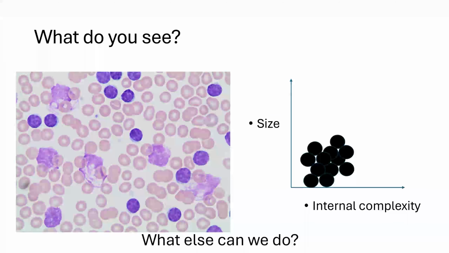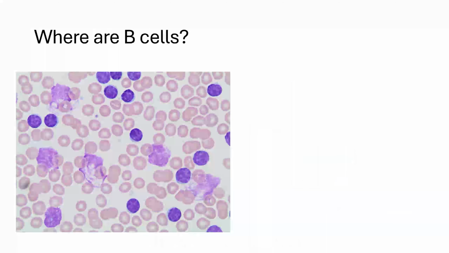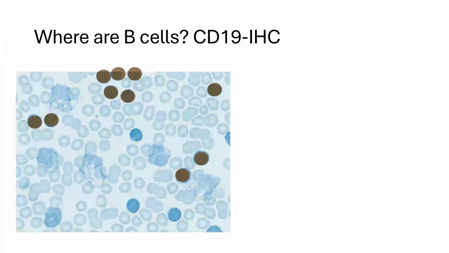But this begs the question, what else can we do? If we were looking at this within a surgical pathology world, we could raise the question of where are the B cells and use immunohistochemistry to try to answer this question. Using a blue counterstain and a brown immunohistochemical stain, we could use an antibody against CD19 to identify B cells.